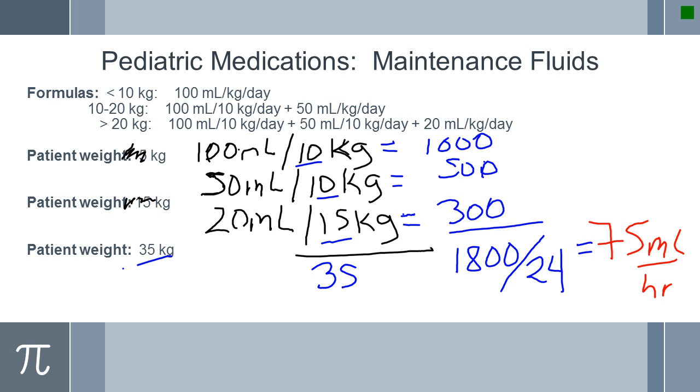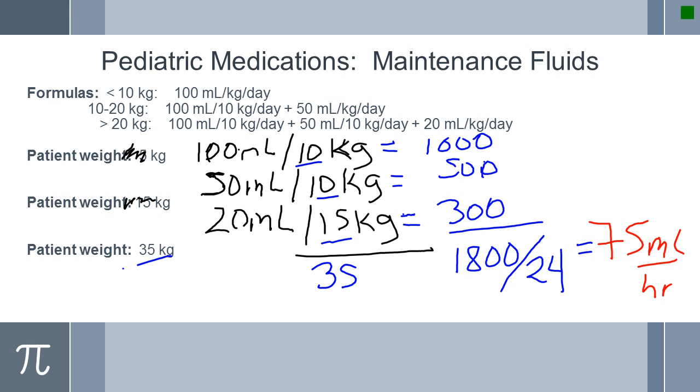If we already used 10 of our kilograms right here, then we only have 5 left. So we have 5 kilograms per day. Every time you do this, this middle part right here should add up to the same as what your child is. So here I got 15 kilograms. My child was 15 kilograms.